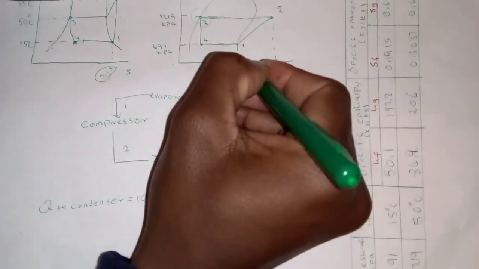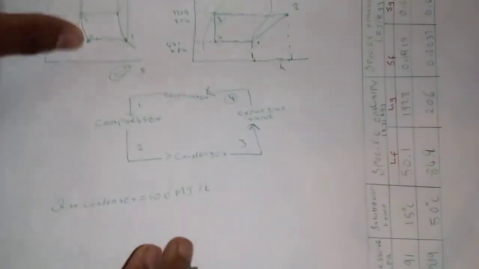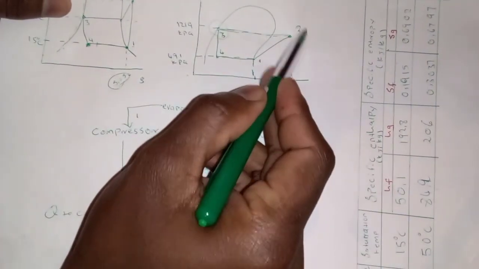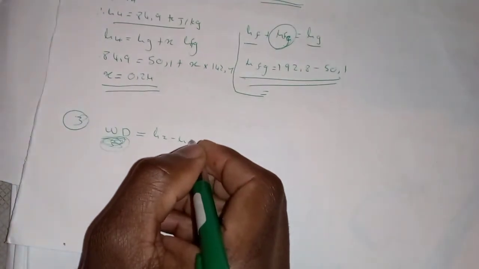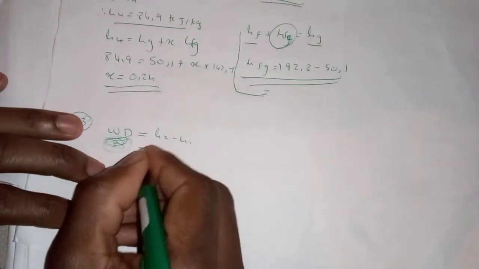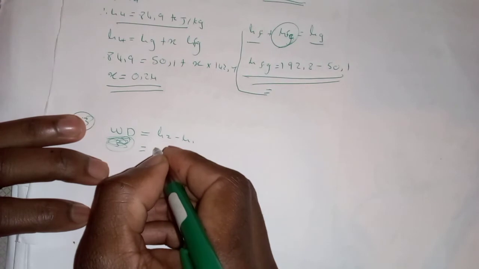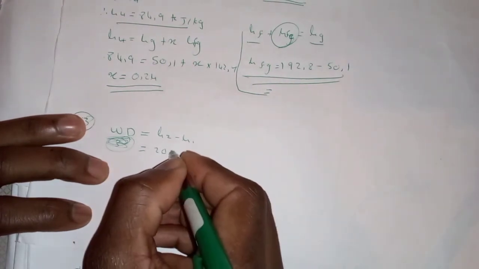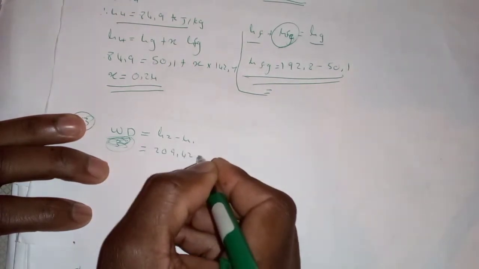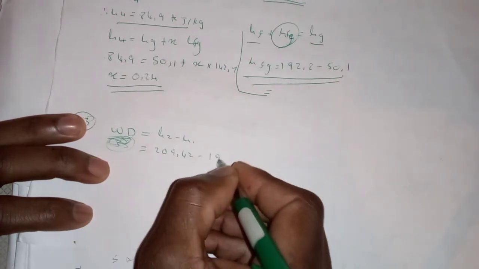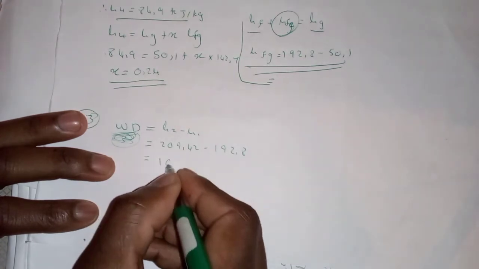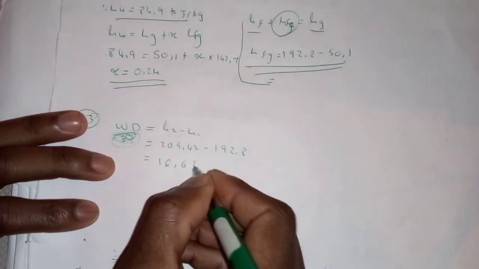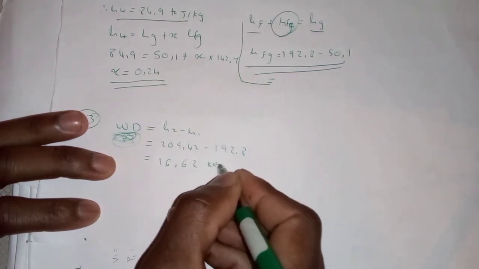That is where we get the value of work done. So we can say it's H2 minus H1. So our work done is H2 minus H1. The values for H2 and H1 we have. H2 is 209.42 minus H1 is 192.8, and this will give us 16.62 kilojoules per kg.